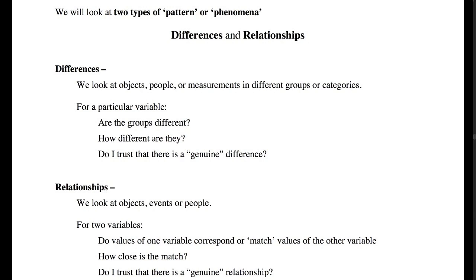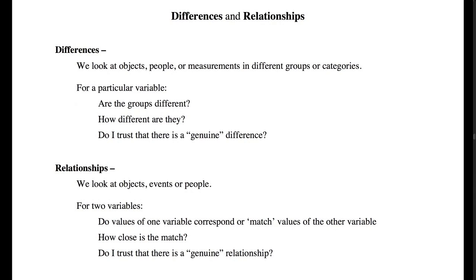What else will we be looking at? Well, we'll be looking at two types of pattern or phenomena, differences and relationships. So examples 1 and 2, we looked at differences. In other words, we took some measure of behaviour, we divided our people, our participants, into two groups, and we made some comparison between those two groups.